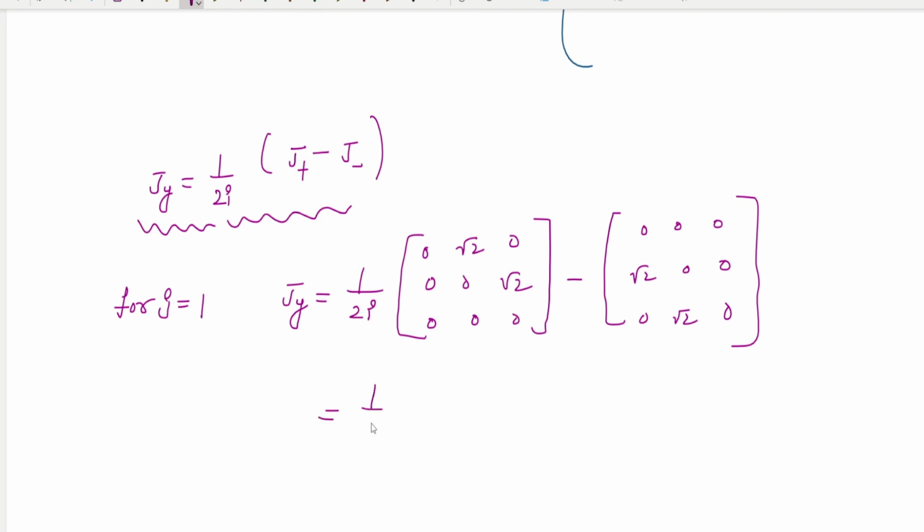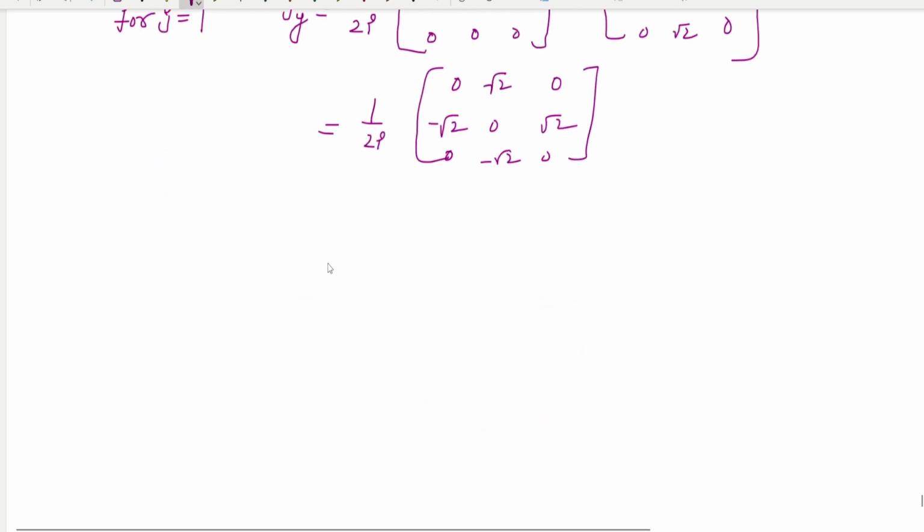So therefore 1 divided by 2i, subtract this thing: 0, root 2, 0. Remember here minus root 2, 0 here, root 2, 0 here, minus root 2. So I'm going to write root 2 outside the box, over 2i.